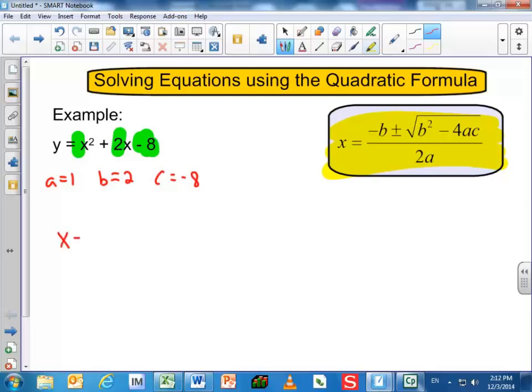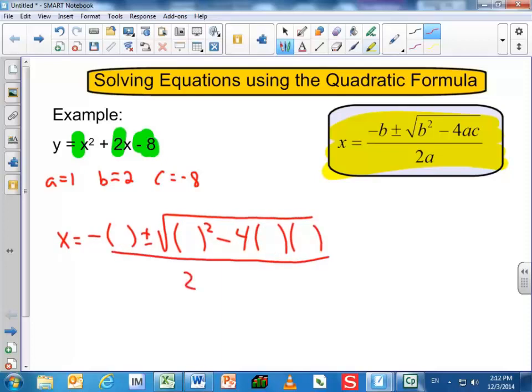We say x equals a negative, I'm going to put the b in there eventually, plus or minus the square root of, notice, all I'm doing is creating spots that I will put in my a, my b, and my c. So the first part here, it's a negative b.